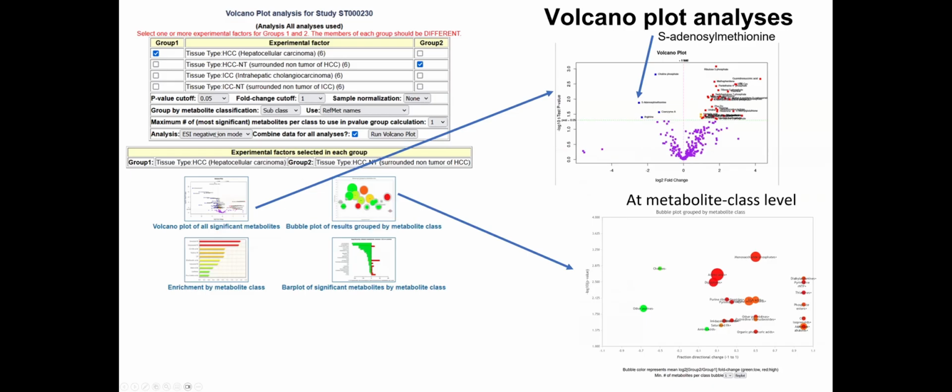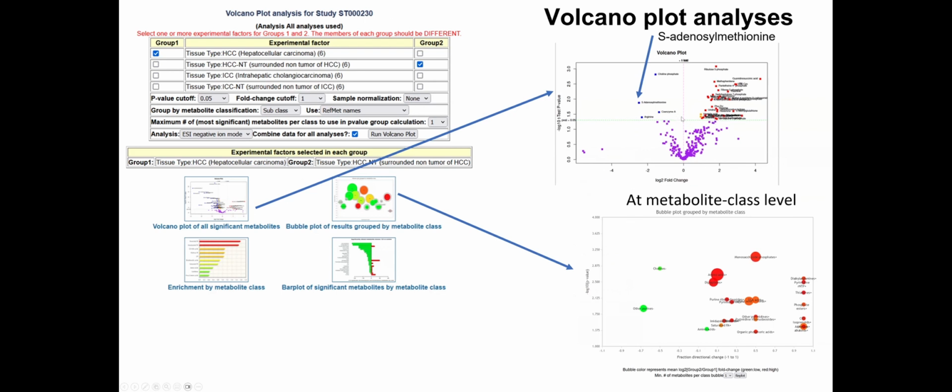And so if you can look at the same thing, imagine I want to compare the tissue type of hepatocellular carcinoma versus non-tumor surrounding tissue of HCC. If I want to compare these two groups, I can do a comparison with volcano plots. I can look at a metabolite class level volcano plots and identification.